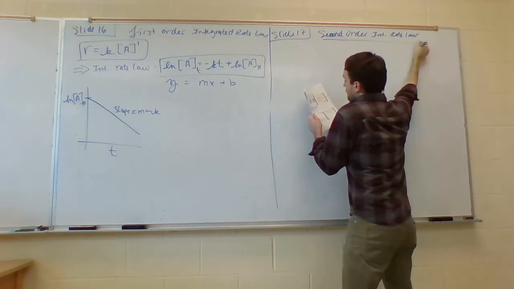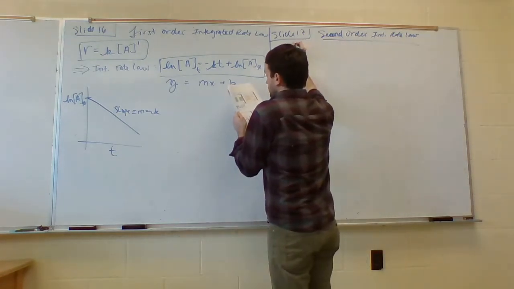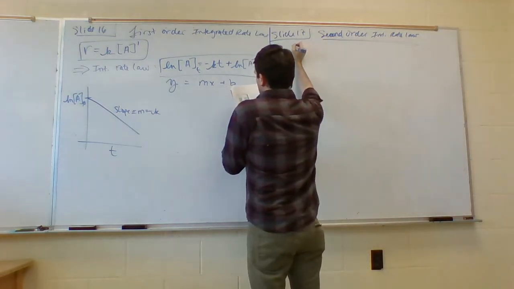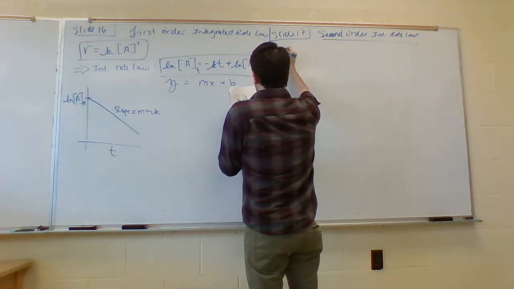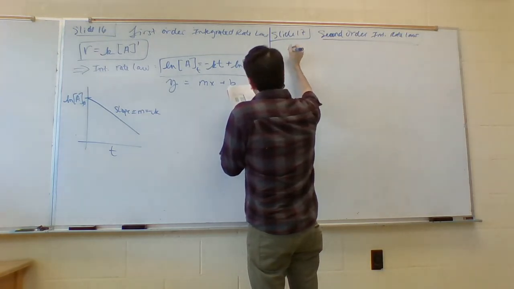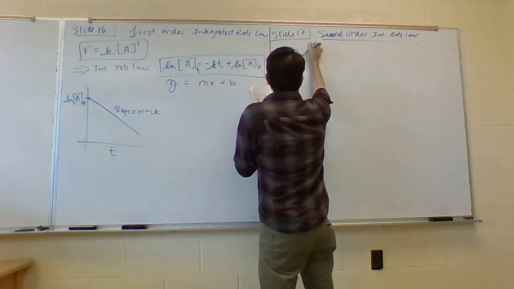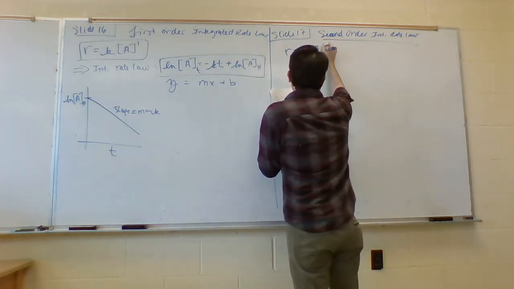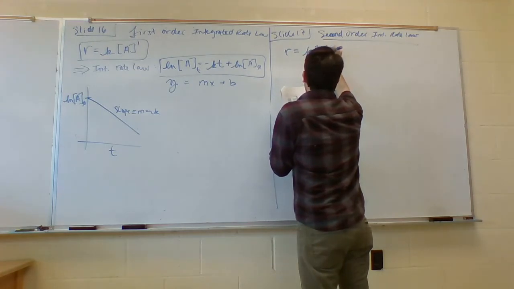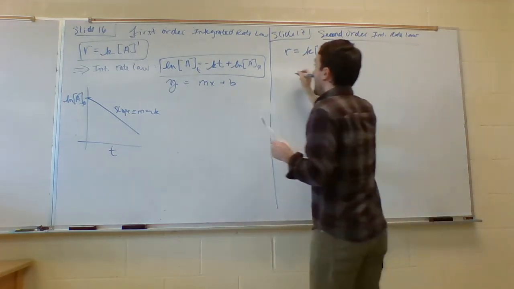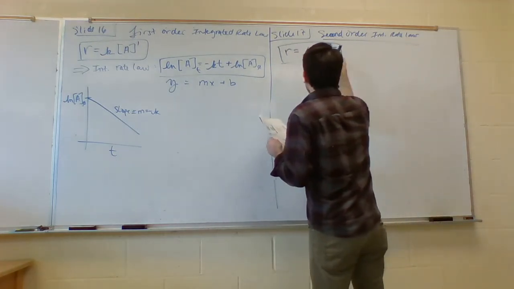For this, we have R is equal to k times our concentration of A to the second power, so that's our differential rate law.